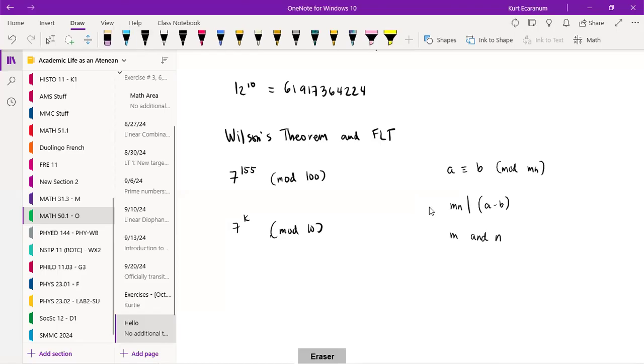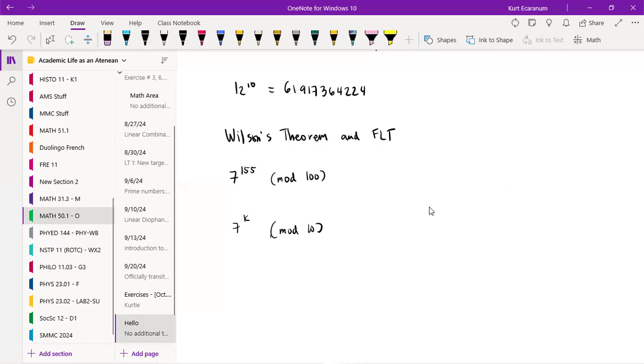Since they are the factors. Which just goes to mean that m divides A minus B and n divides A minus B. Hence, we can express those as modulos m and n.